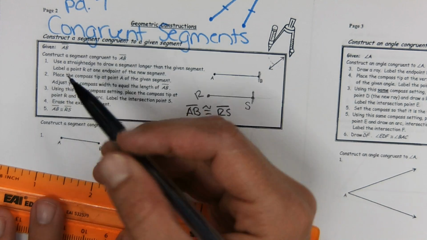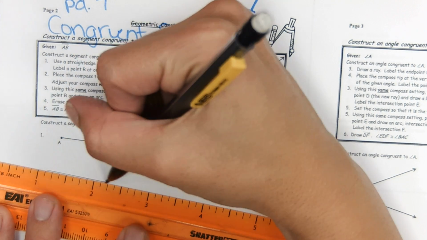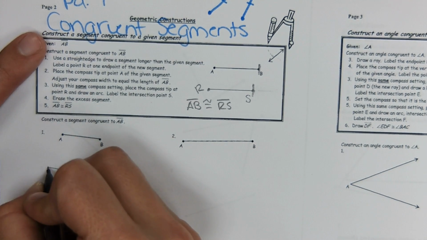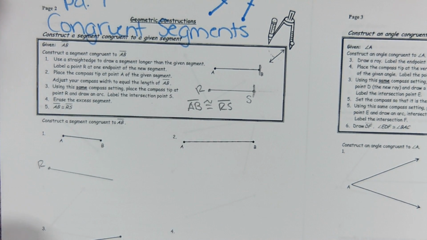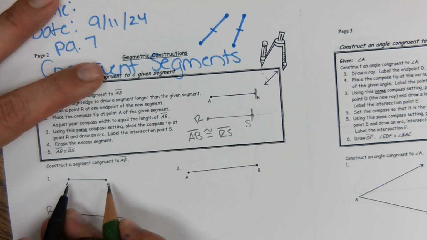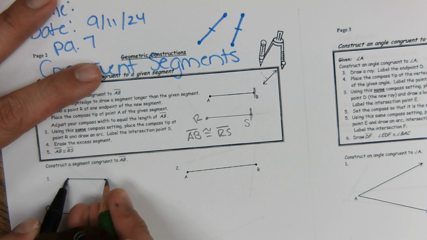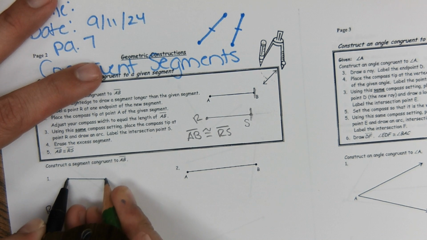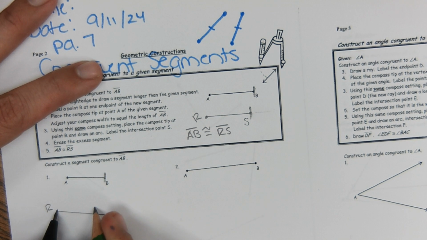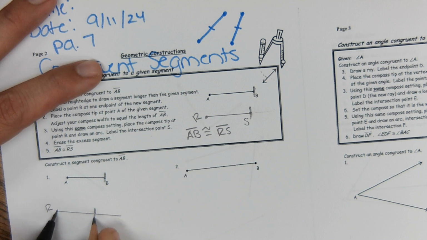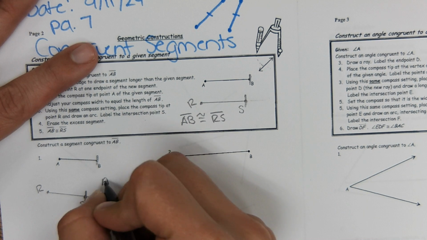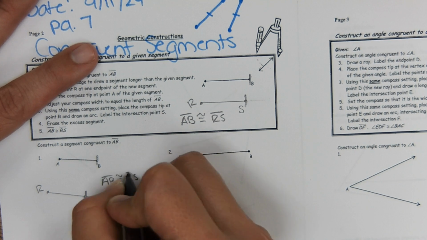First step, using the straight edge, draw a segment longer than the first one, and label the endpoint R. Then I'm going to measure the length of AB using this, make it that opening, make a mark at B, and then using the same measurement, put it on R and make that same mark. Label this S. AB is congruent to RS.